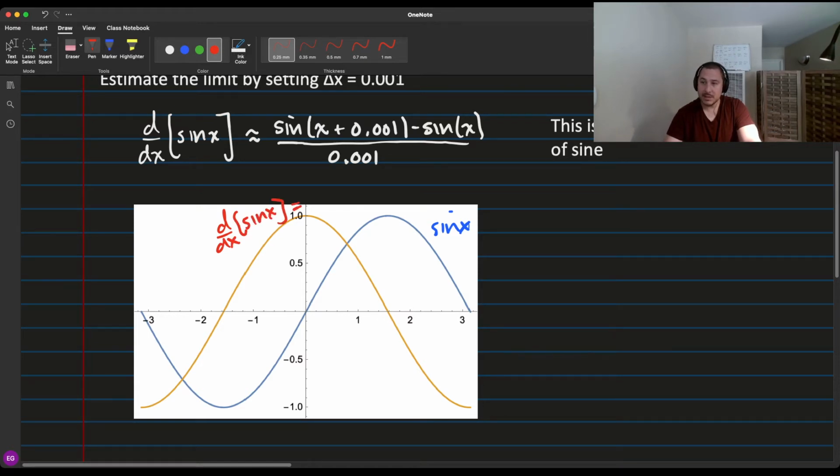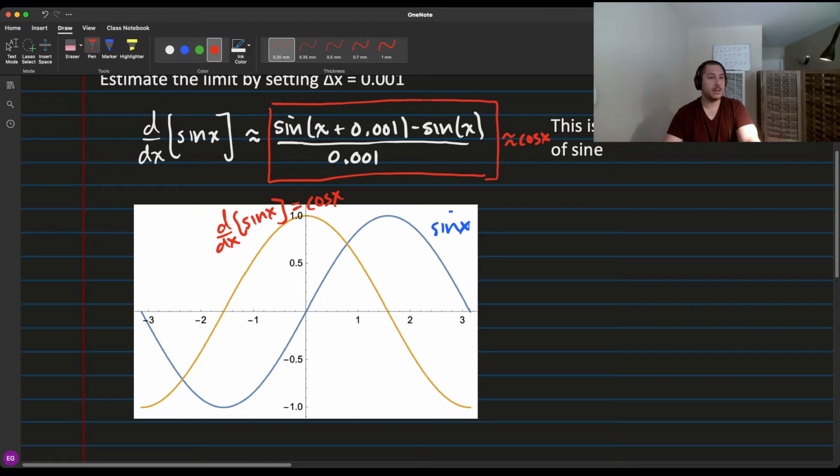That looks like cosine, and in fact it actually is. The derivative of sine is cosine. So oddly enough, when you set delta x to be pretty small, this basically is cosine.